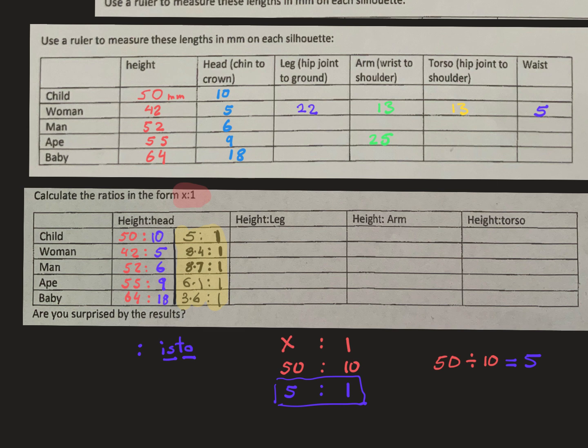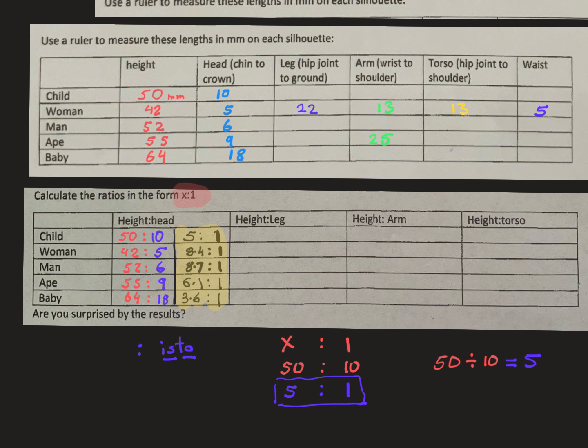The baby's height is 3.6 times bigger than its head. And a man and a woman have a height of almost 8 times bigger than their head, whereas the ape's body is 6 times bigger than its head. So this is how this can be helpful.